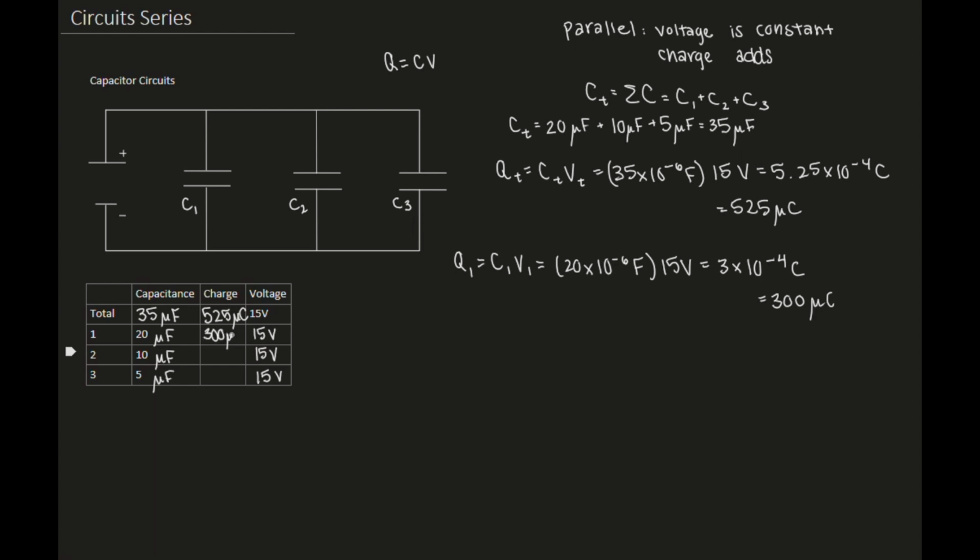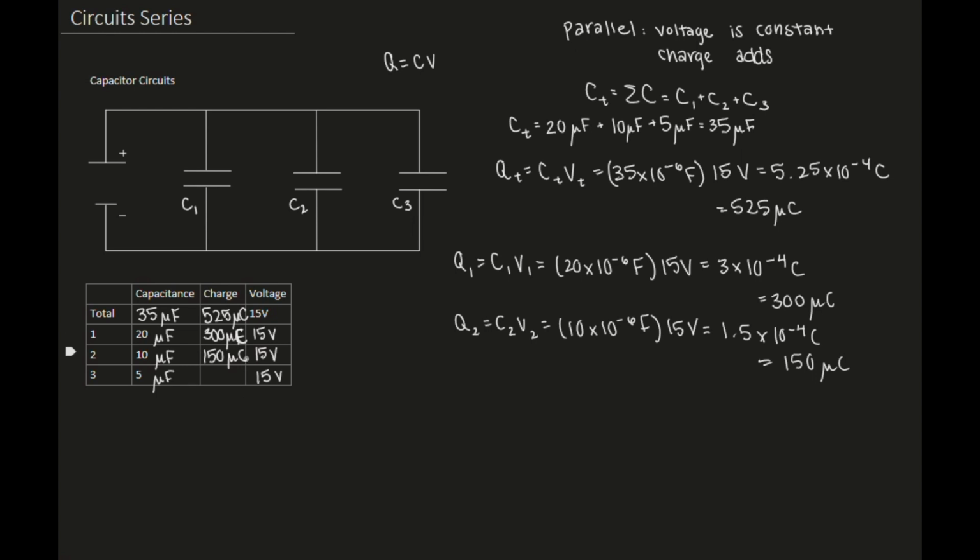I'm going to do the same thing for Q2 equaling C2 V2, which is 10 times 10 to the negative 6 farad times 15 volts. I get 1.5 times 10 to the negative 4 coulombs, or 150 microcoulombs. Sorry, I keep writing F. It should be coulombs.